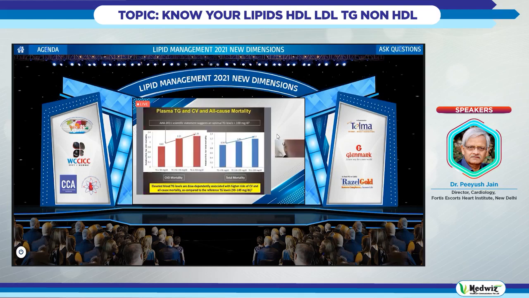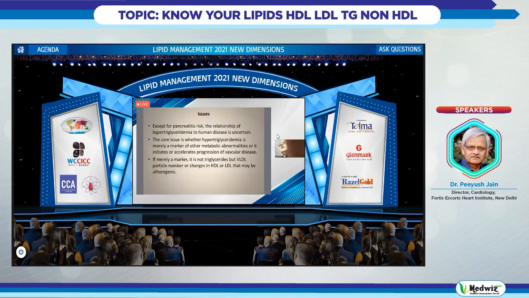So these are all observational studies, and the cause and effect really are not known. So the major therapeutic target for triglyceride reduction is reduction in the risk for pancreatitis, and anything that is achieved by way of decrease in the risk for atherosclerotic events is probably incidental. We really don't know at this moment.